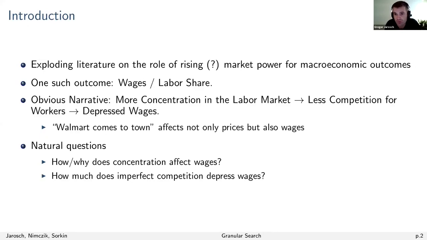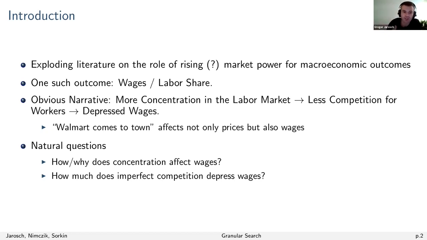And so, if one input is labor, it might depress wages. I think the narrative is fairly obvious. If for whatever reason you have more and more concentration in a local labor market, that effectively means there's less competition between employers for workers, and that might depress wages.